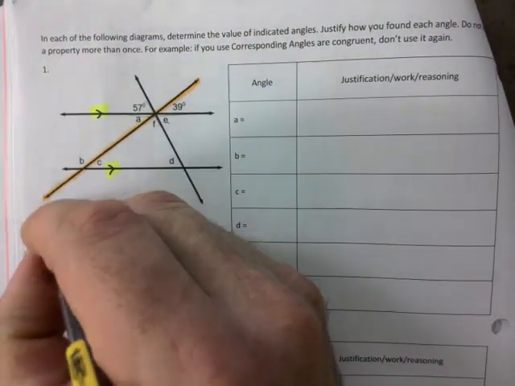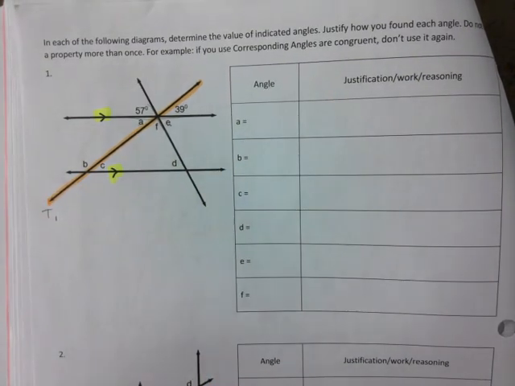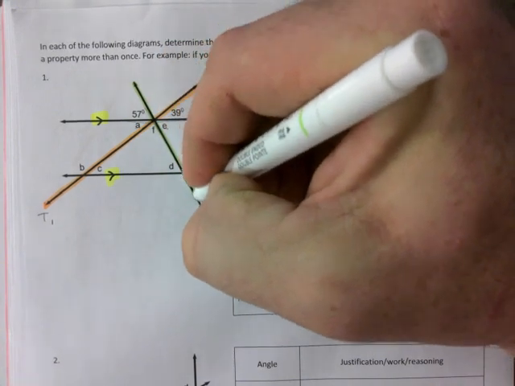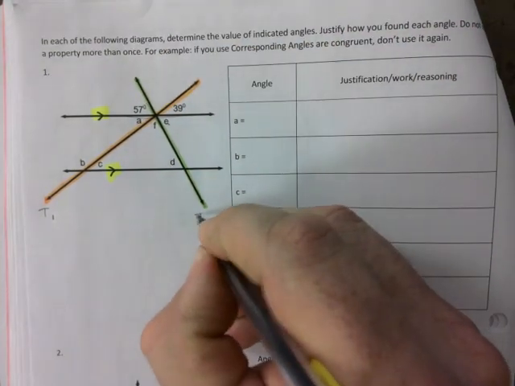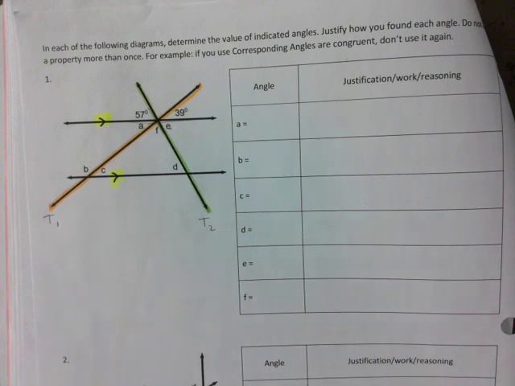That is, let's call it T1. And then I'm going to use green for the other one, because I don't want you to mix them up. T2, right? So your two transversals are right there. So, okay, we have that established. Okay, we've got our parallel lines.